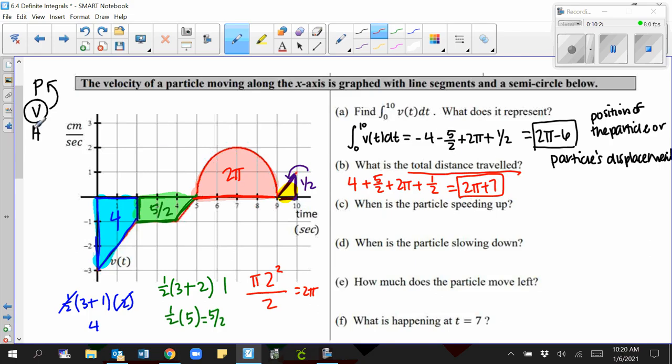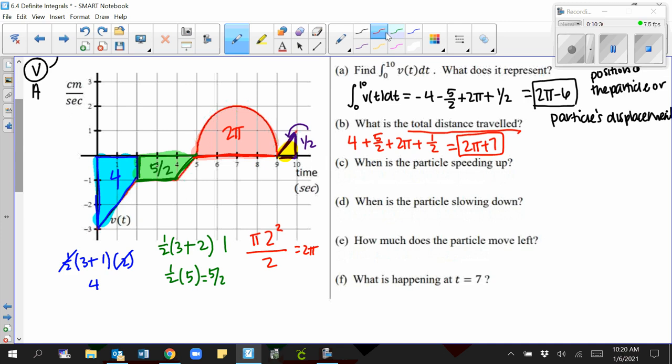All right, part C is going to ask, when is the particle speeding up? So remember, it's speeding up if our velocity and acceleration have the same sign, and it's slowing down if velocity and acceleration have opposite signs. So if I have my position, velocity, acceleration, let's do our little sign chart here.